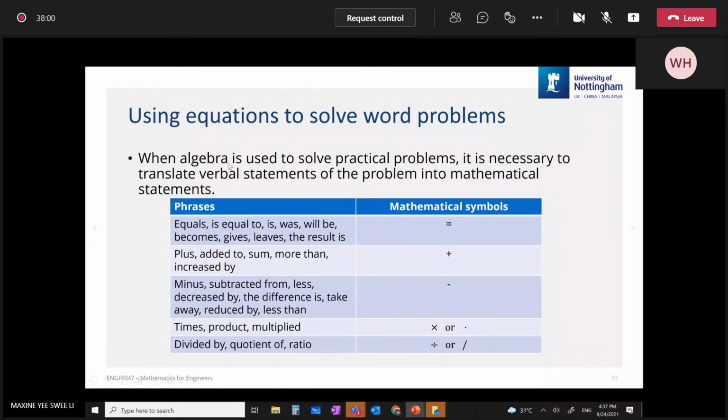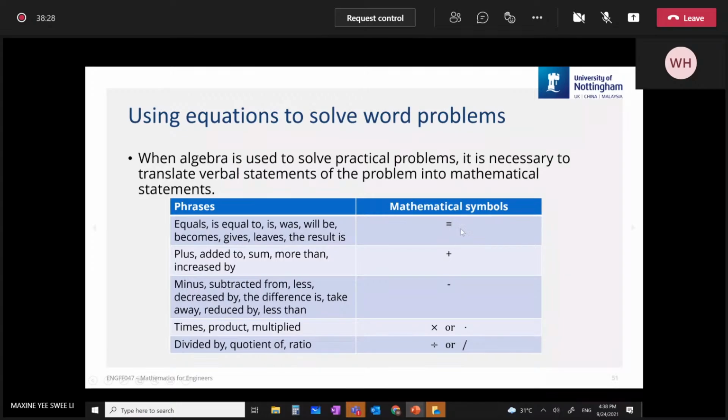All right, so we need to be able to transform certain phrases into mathematical symbols. Some of the common phrases which you might come across are these. In this table here, you have things like equals, or is equal to, or will be, or the result is.